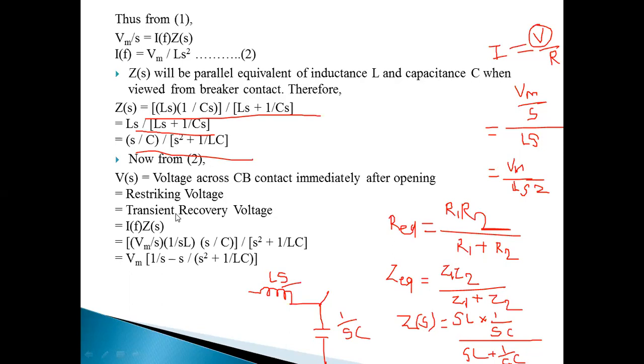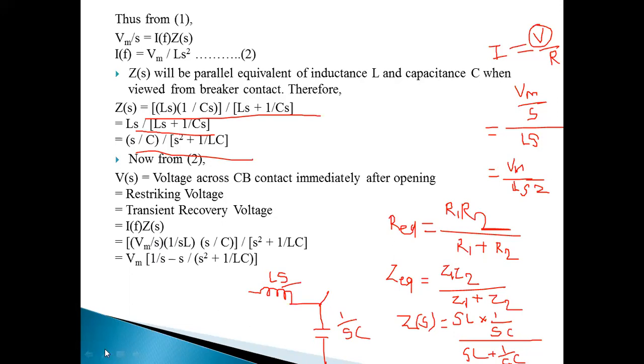So this I of F can be written again as I is equal to V divided by R. So V of S is equal to Vm divided by S, and divided by R, meaning from the source side your inductance is S into L only.